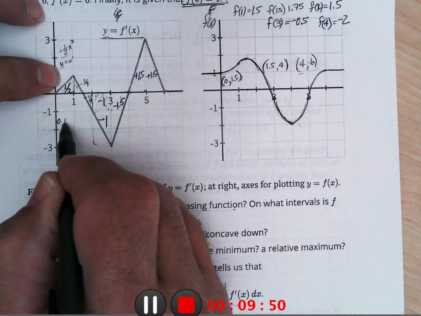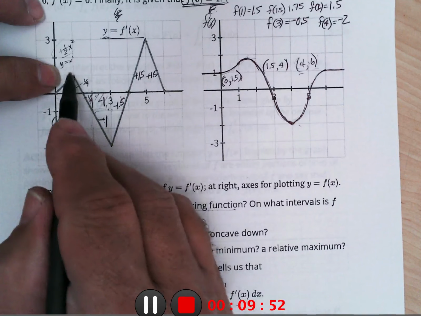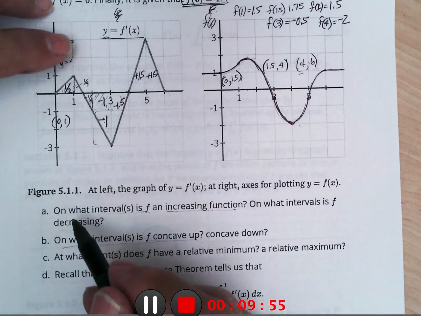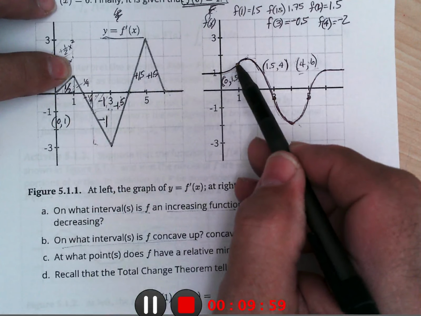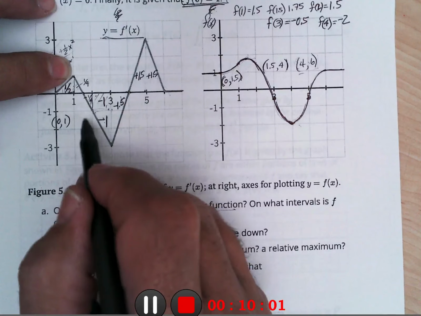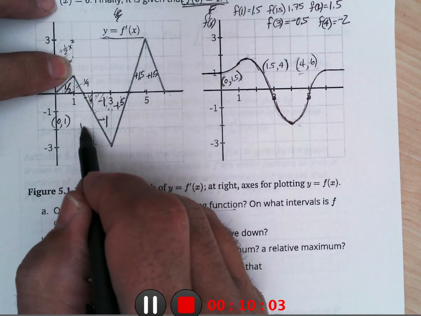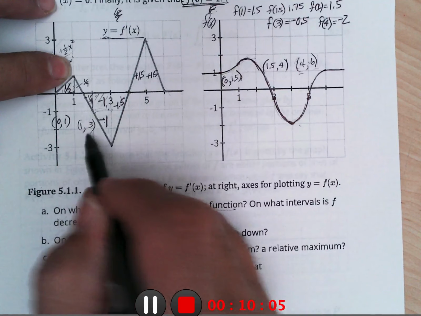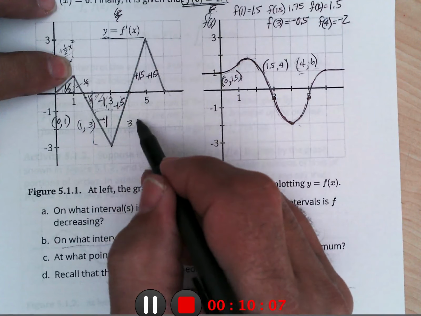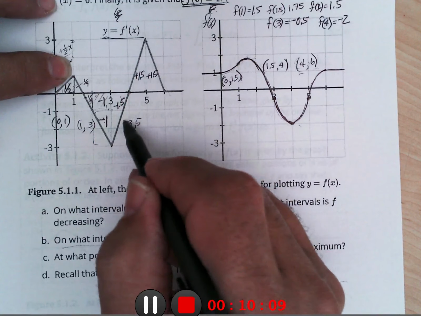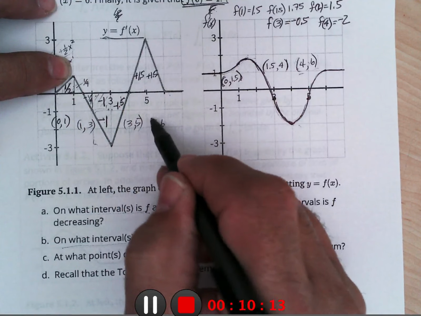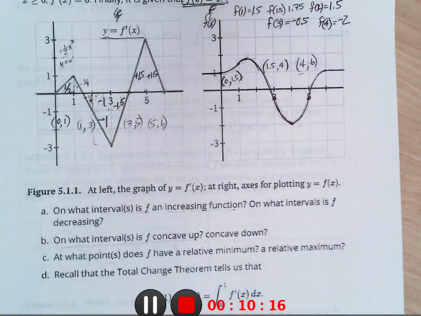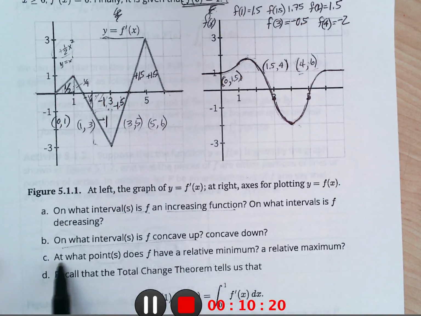Again, it's not concave at the end, right here at that inflection point. Then it's concave down from 1 to 3, and then from 3 to 5, concave up, and 5 to 6, concave down. So those are the concavities.